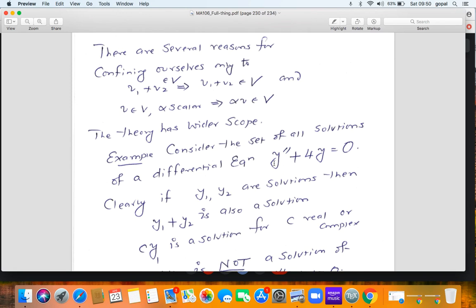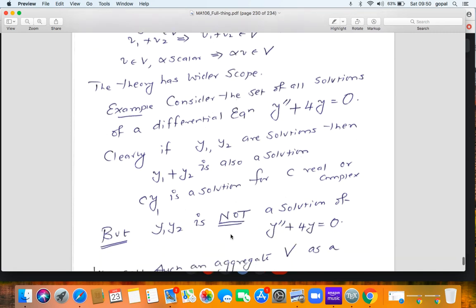For example, solutions of the differential equation y double prime plus 4y equal to 0 will not satisfy the property that it is closed under multiplication. The product of two solutions is not a solution of the differential equation.